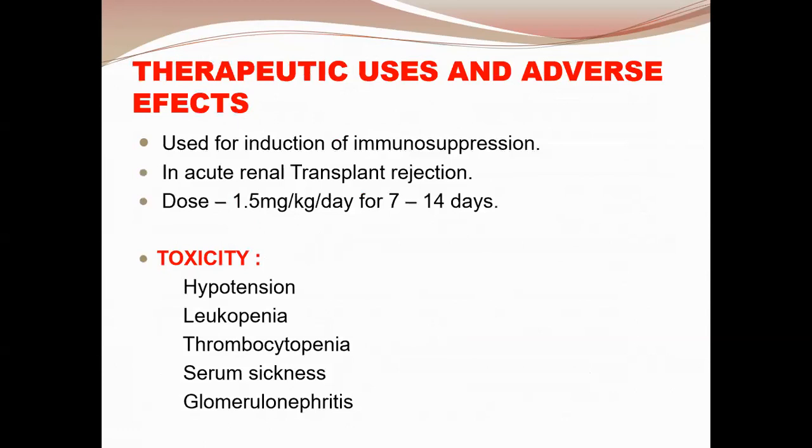So what are the therapeutic uses of these poly and monoclonal antibodies? They are used for the induction of immune suppression. They are used in acute renal transplant rejection at a dose of 1.5 milligrams per kg per day for 7 to 14 days.